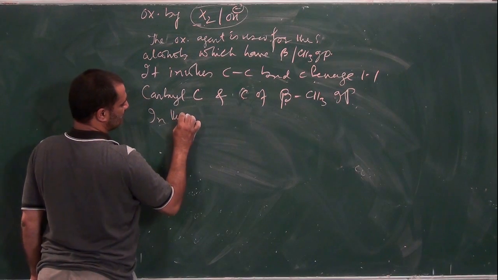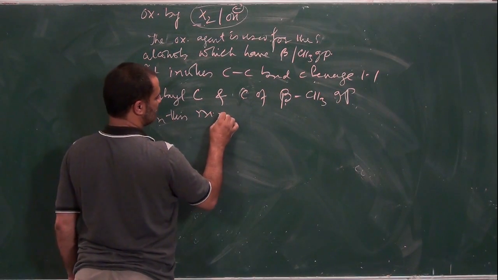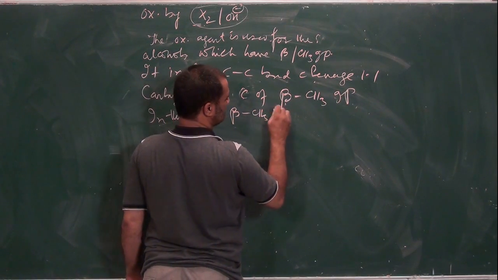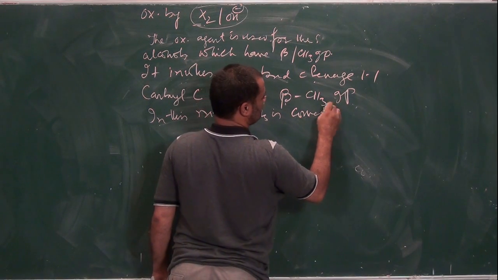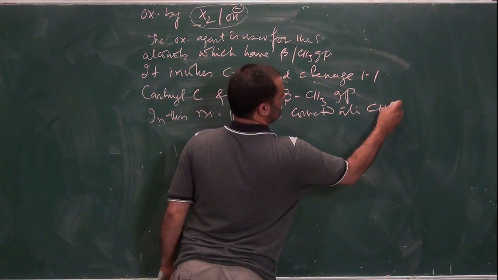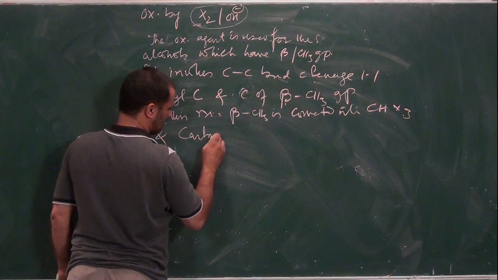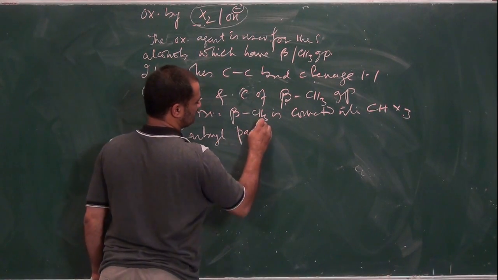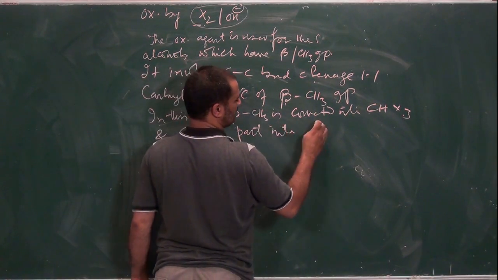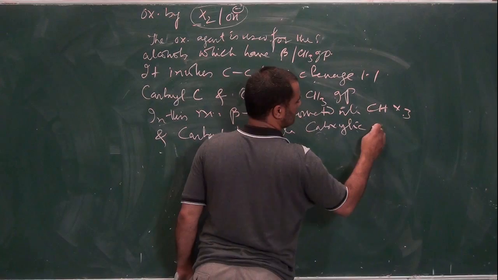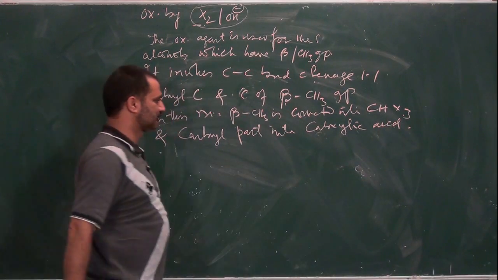In this reaction, beta CH3 is converted into CHX3 and the carbonyl part into carboxylic acid.